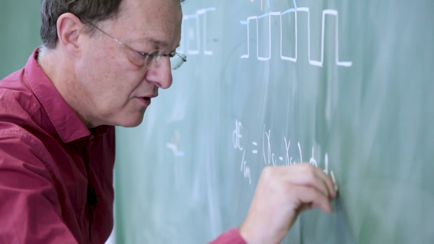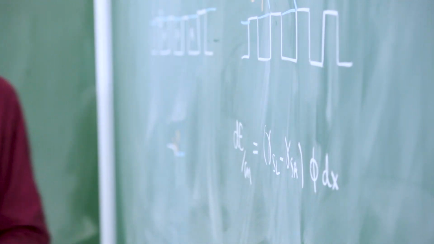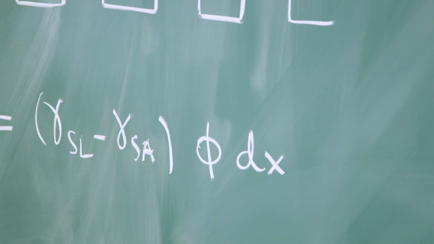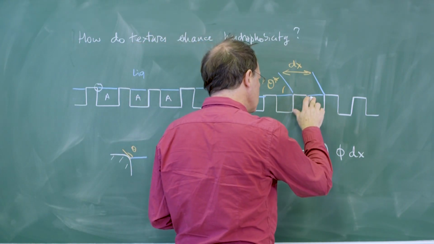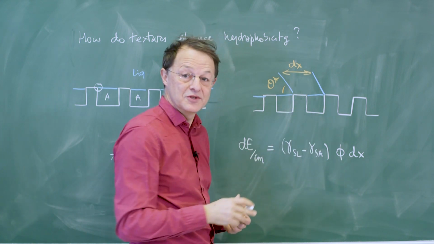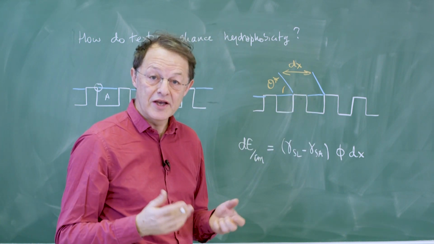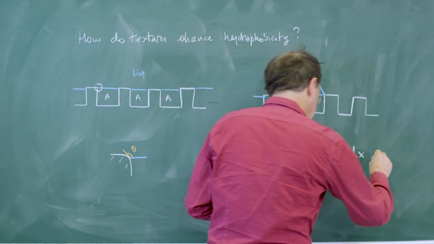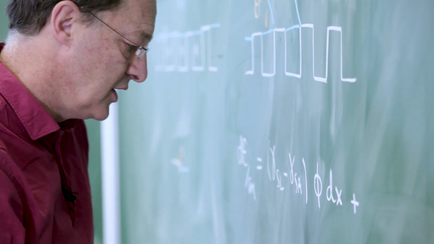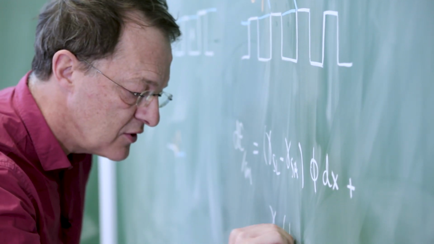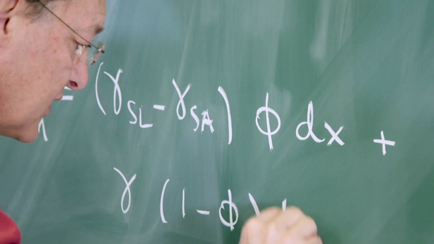And so phi dx is the quantity to be considered. The second thing is that we create a new interface between liquid and air, which is related to the fact that we assume that the liquid stops at the pillar tops. And there is a price for that, which is gamma LA times (1 minus phi) dx.